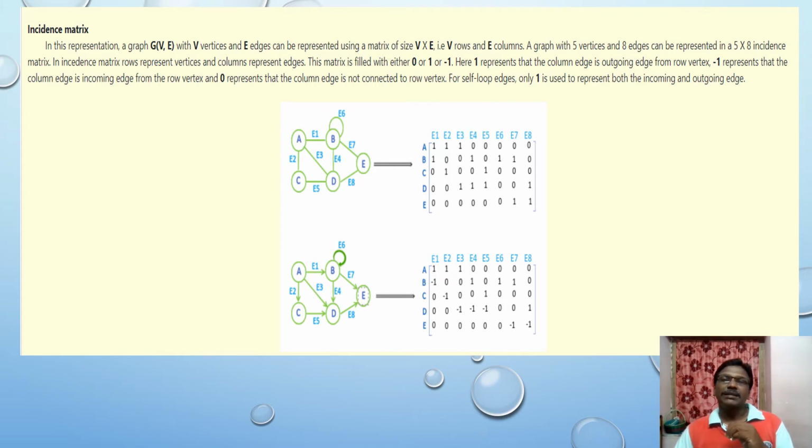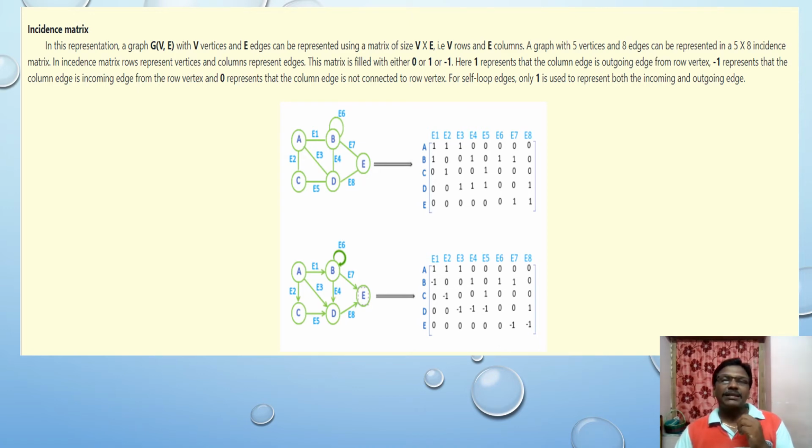In this, a graph with 5 vertices and 8 edges can be represented in a 5 into 8 incidence matrix, because of 8 edges and 5 vertices. In an incidence matrix, rows represent vertices and columns represent edges.